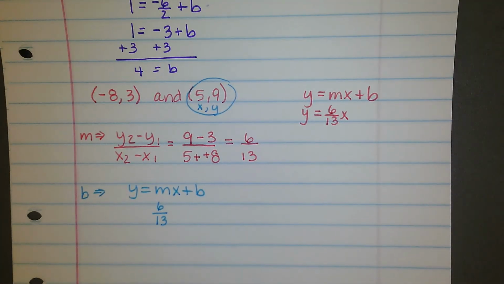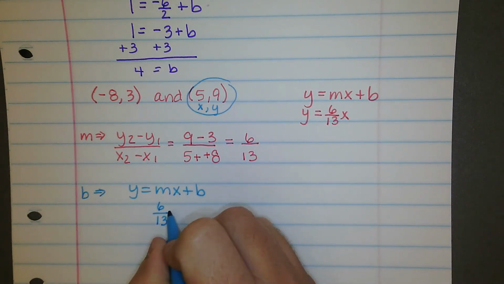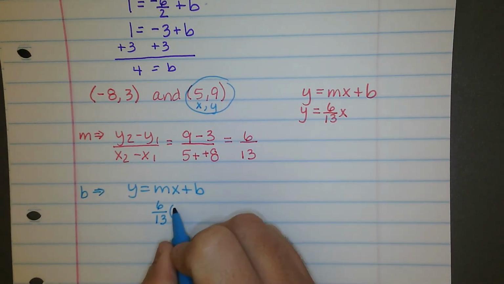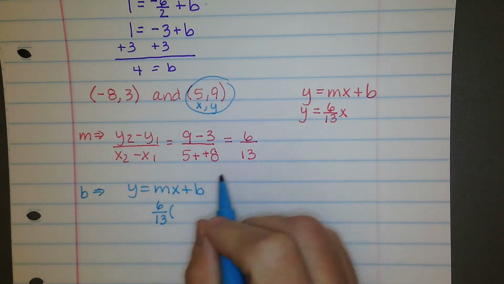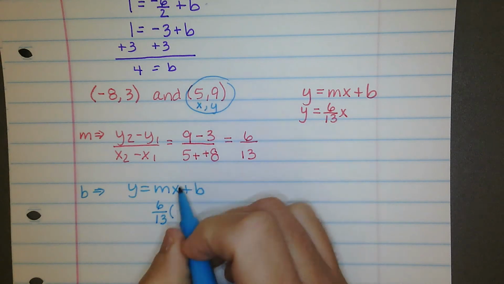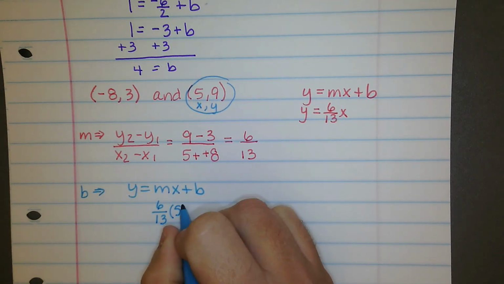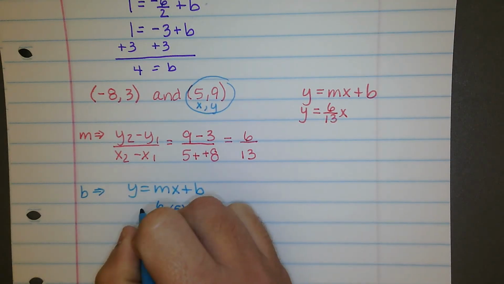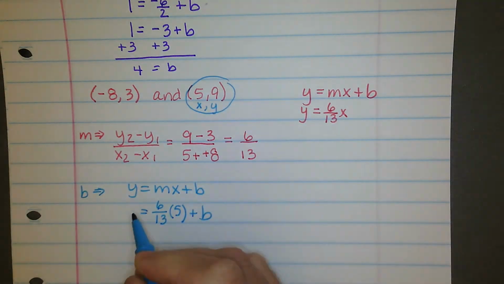Now, if you prefer to use the (-8, 3), you will get the same answer. As ugly as it is, it will work out to be the same as long as you do the math right. So that I'm making sure I'm substituting correctly, I'm going to put the 5 in the x position, and I'm going to put the 9 in the y position.